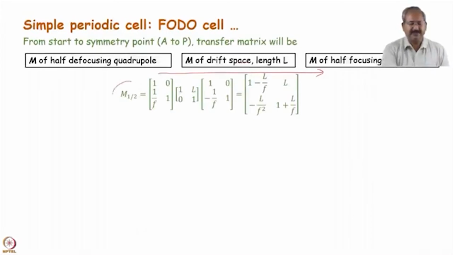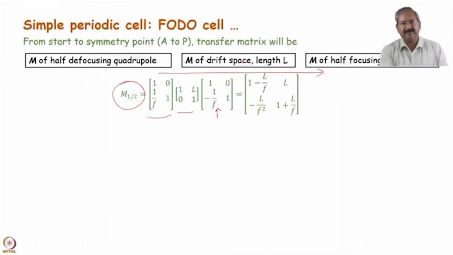The first half cell will be, first of all, the particle will see the focusing lens. So 1, 0, minus 1 by f, then a drift space of length L, and then defocusing quadrupole. Up to the half cell, defocusing quadrupole is also half.